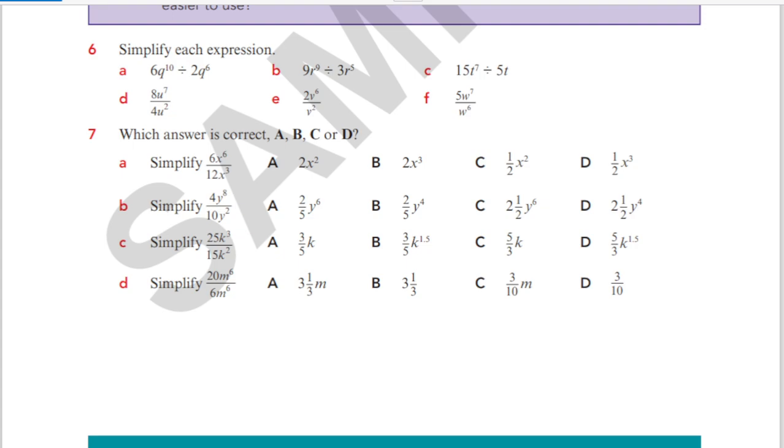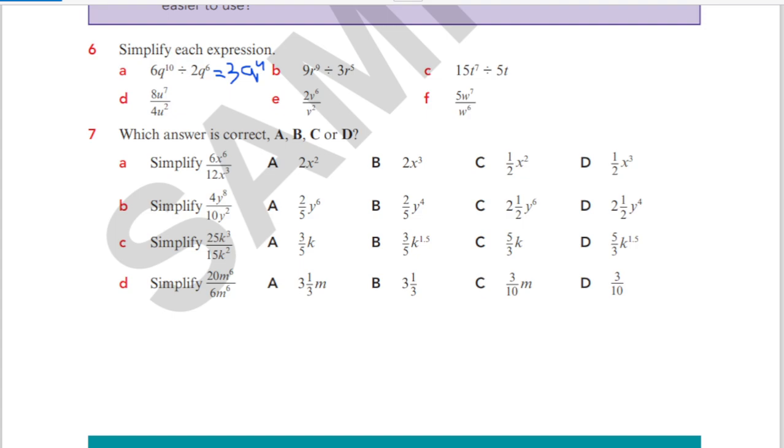So the answer will be 6 divided by 2 will be 3, and q divided by q, 10 minus 6 will be q power 4. So the answer of question number 6 part A is 3q4.